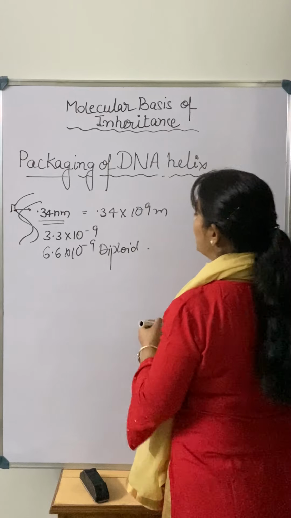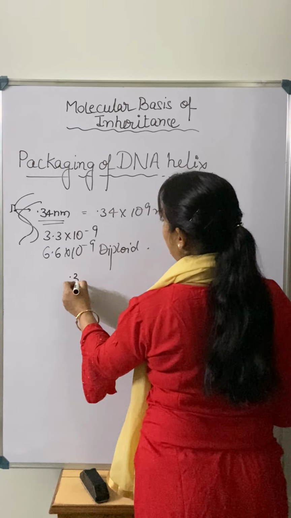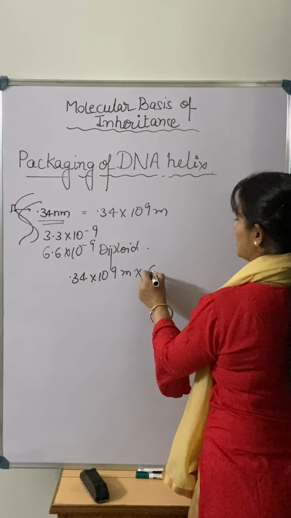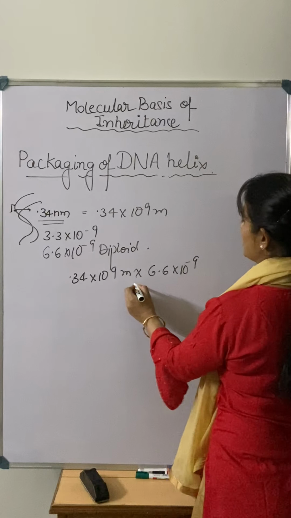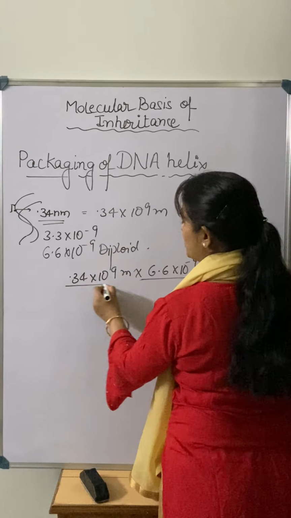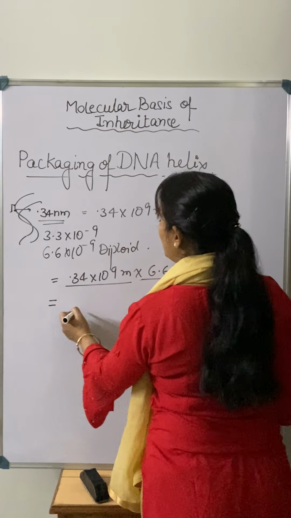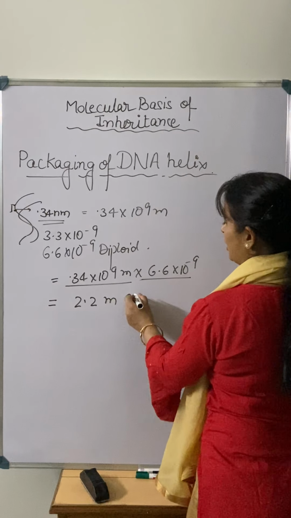If we want to know the total length of a DNA, it is approximately 0.34 x 10^-9 meter multiplied by 6.6 x 10^9. This is the number of base pairs, and this is the distance between two base pairs. When we multiply it, it comes to approximately 2.2 meter in length.